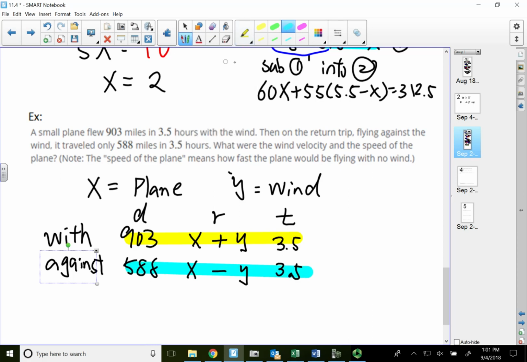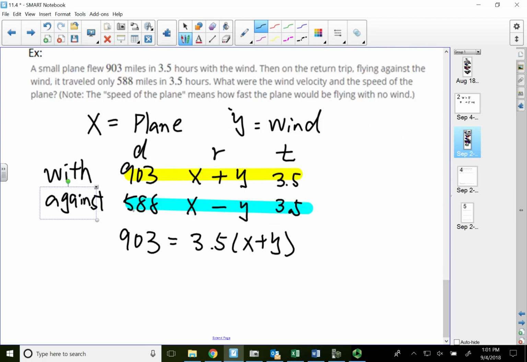Distance equals rate times time. So that's 903 = 3.5 times (x plus y). Distance equals rate times time, so 588 = 3.5 times (x minus y). There you go. Now each equation only has two terms.